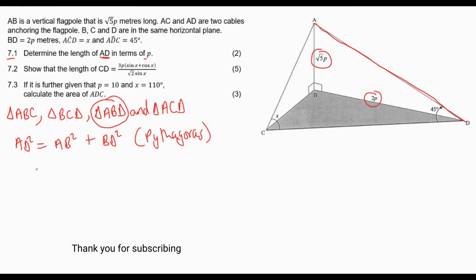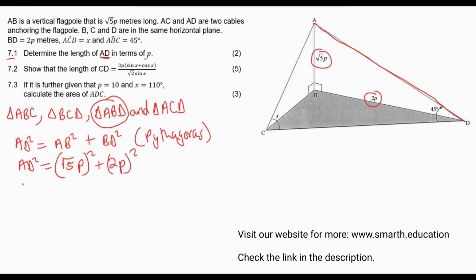Okay, and then let's substitute what we have. AD squared is equal to AB squared, which is root 5. Please take note, it is root 5. P is not square rooted, so it's like this, and then plus 2P squared. Then AD squared is equal to square root of 5 squared, that is 5, and then P squared, that is P squared.